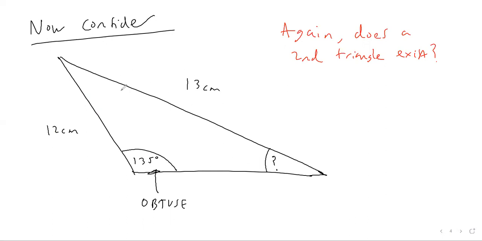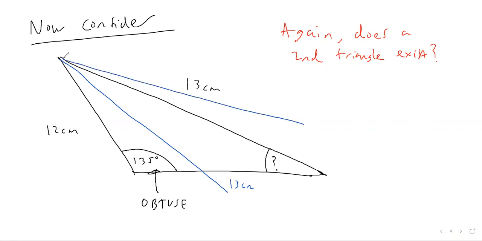So if we draw a 13 centimeter line down there, obviously it's going to extend below the base of this triangle, which means that this angle would change, and we're not allowed to change this 135. This 135 must stay the same because that's given to us in the question. Again, if we rotate the line up like that to 13 centimeters, we're going to get a new angle smaller than 135 degrees there, and we're not allowed to change the angle.